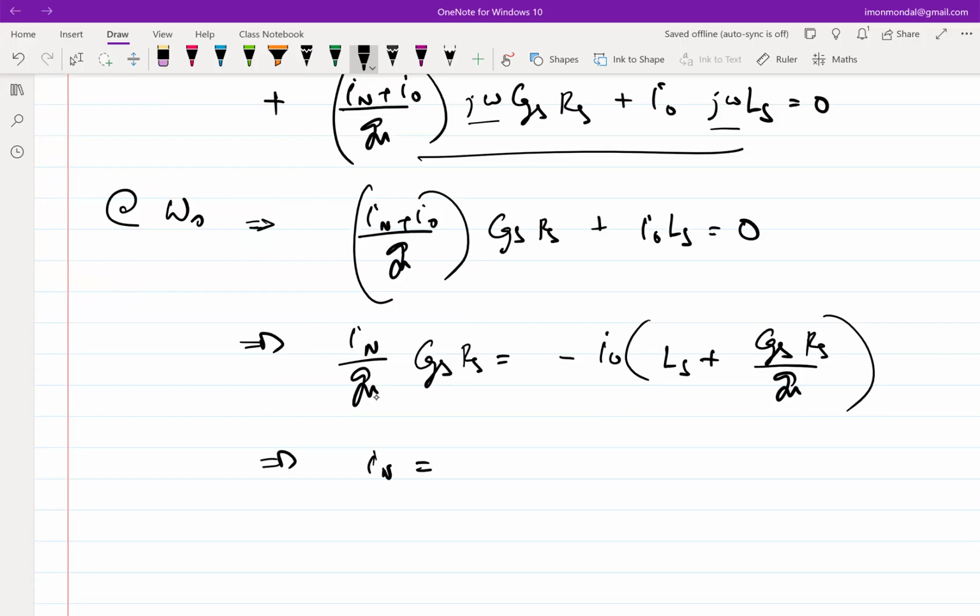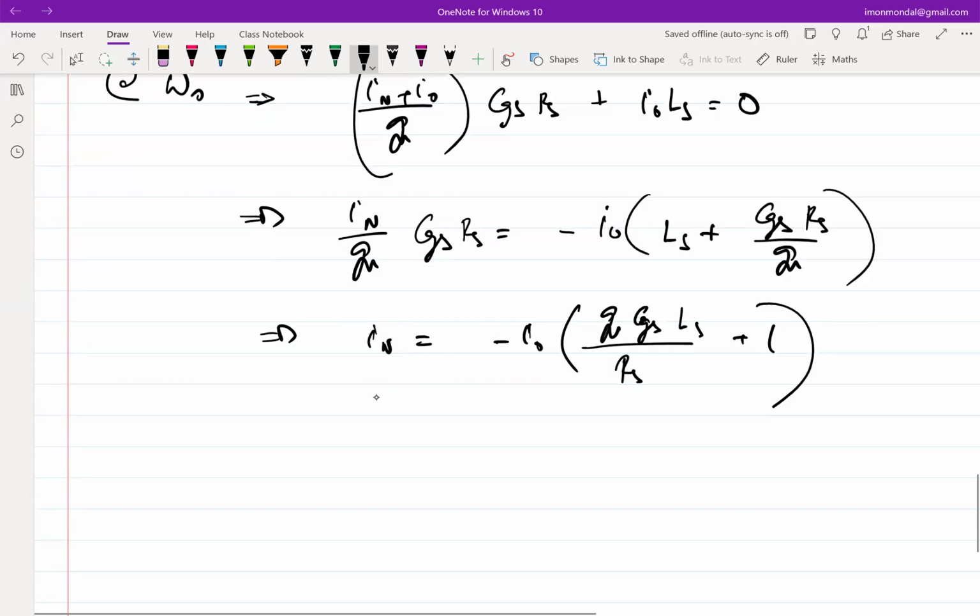So your IN becomes negative of I naught. I multiply with GM CGS over RS, so you get GM CGS over RS times LS plus 1.